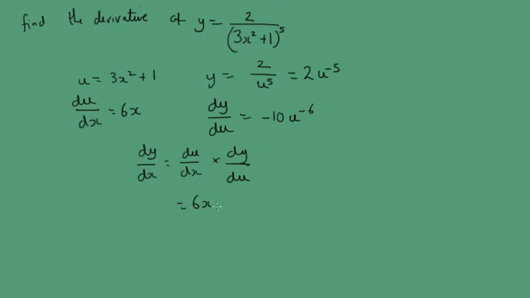So 6x times minus 10u to the minus 6. So minus 10 times 6 is going to be minus 60x, and we're going to put our u under here. We're going to substitute back in for this, so we'll have (3x squared plus 1) raised to the power 6.